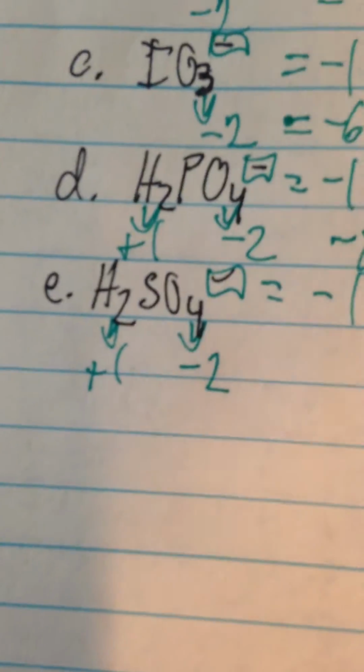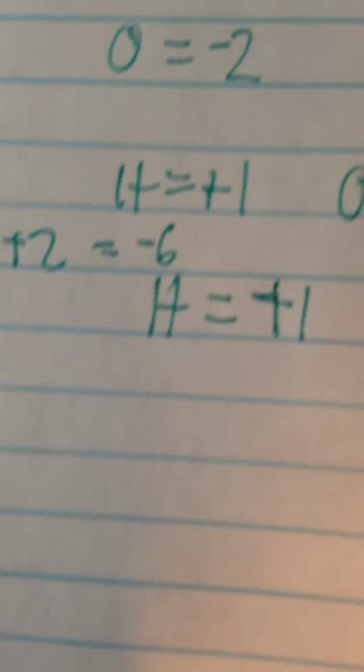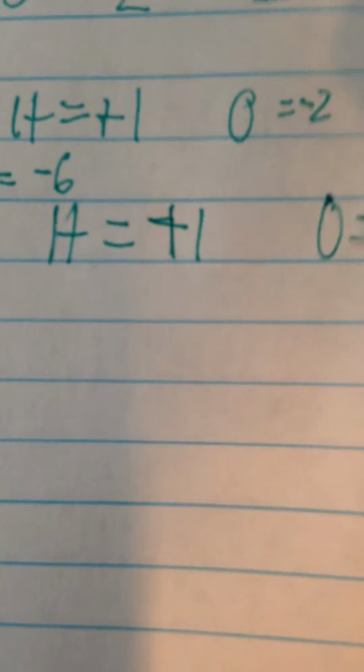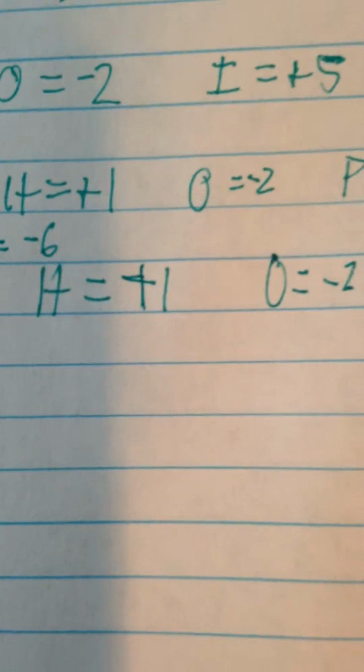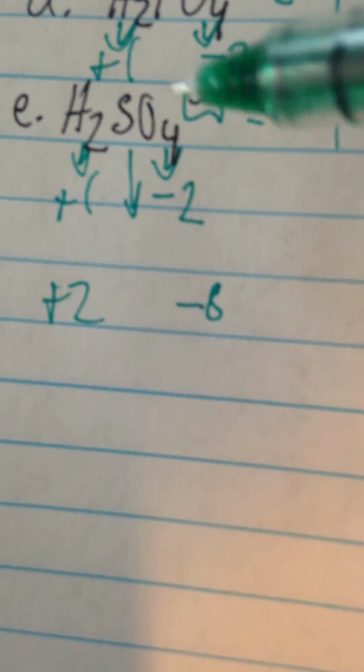So this is +1 because we know it's hydrogen. Same thing with the oxygen. We know it's -2 because it's oxygen. It's not a peroxide. H is equal to +1. Jeez, it's so hard to write. Getting better though. Oxygen is equal to -2. We know there's a +2 from 2 of the hydrogens and a -8 from the 4 -2 oxygens.